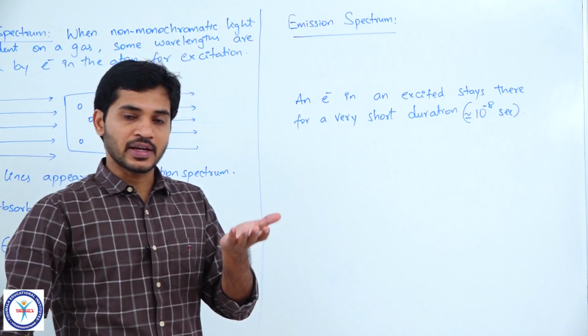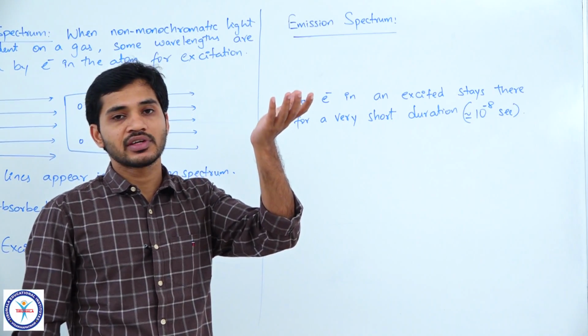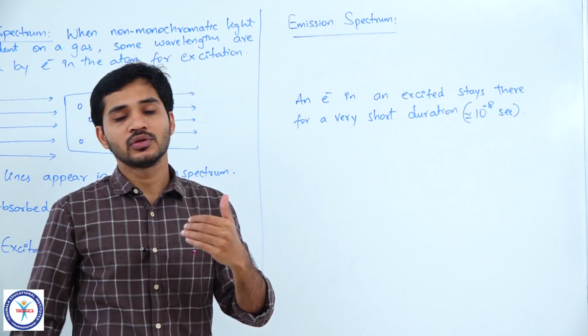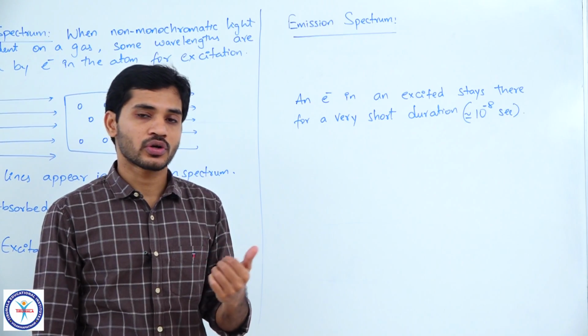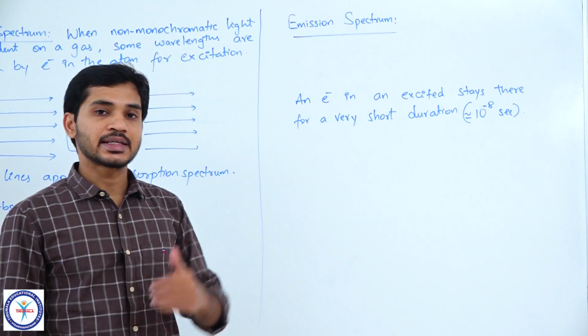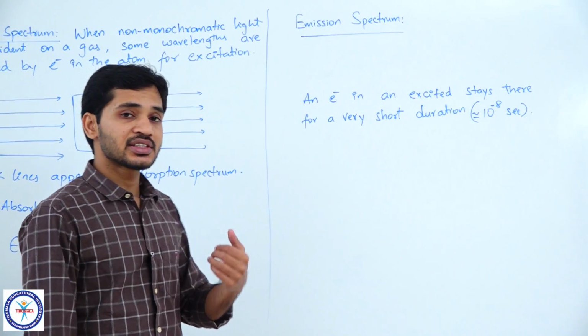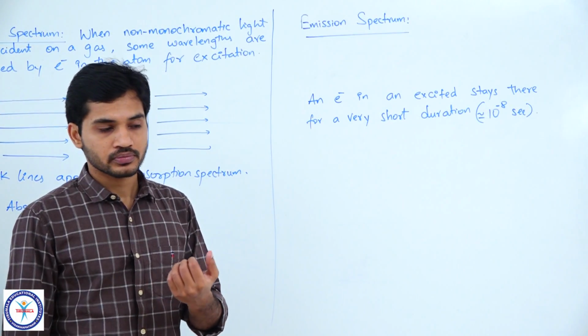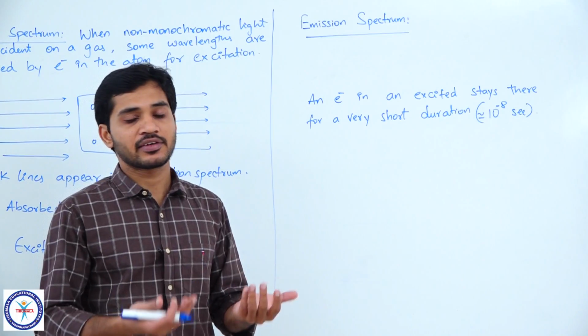So even if an electron excites to a higher energy level, it won't stay there for long. It immediately loses that energy in the form of a photon and comes back. While it is getting de-excited, that energy is released in the form of a photon, in the form of an electromagnetic wave.